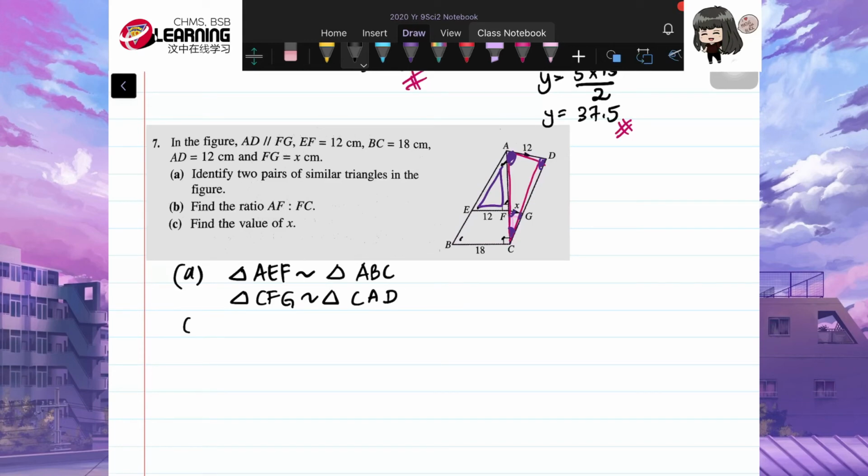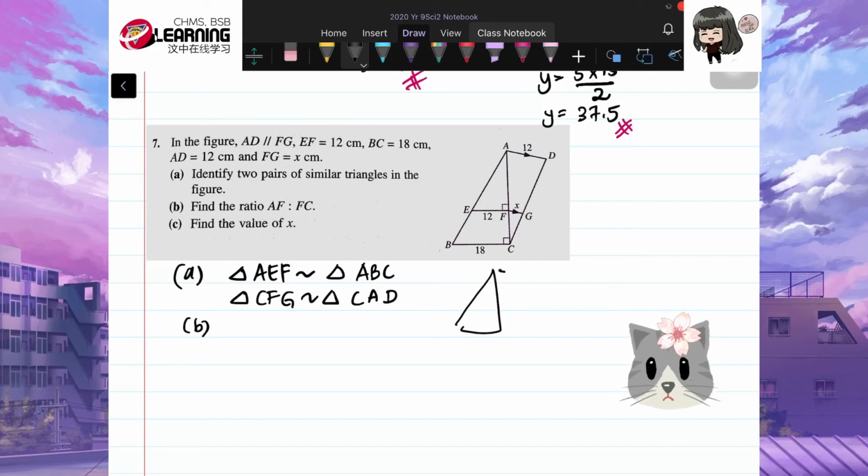Okay, so let's do part B. Find the ratio of AF to FC. So we will use the first pair, AEF, right angle with 12 here, and the big one ABC. 12 and 18.